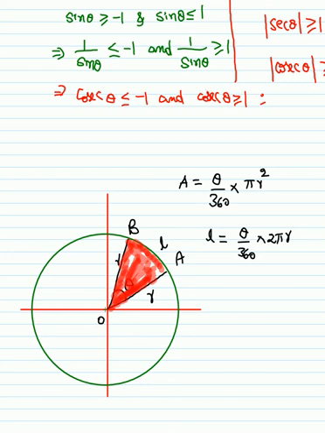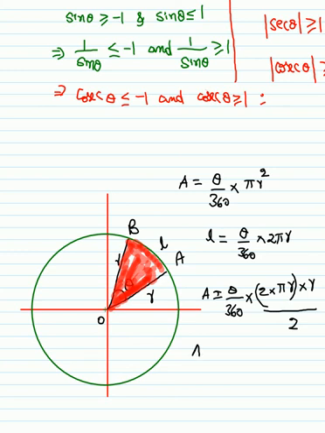If you take the area, it is theta by 360 into pi r square, which I am writing as 2 pi r into r divided by 2. Why? Because I am multiplying and dividing by 2.